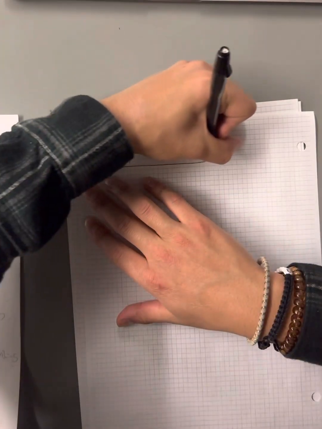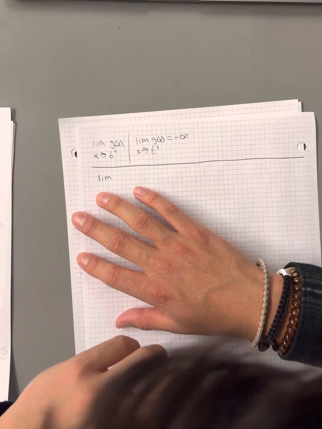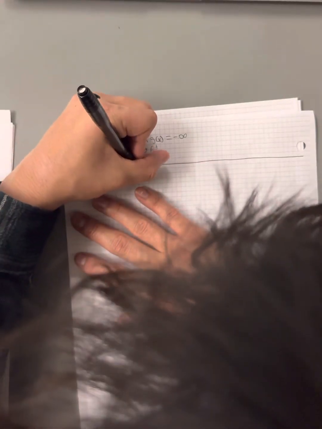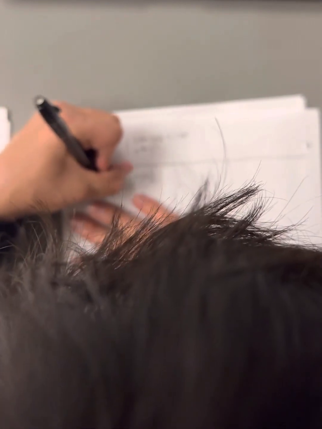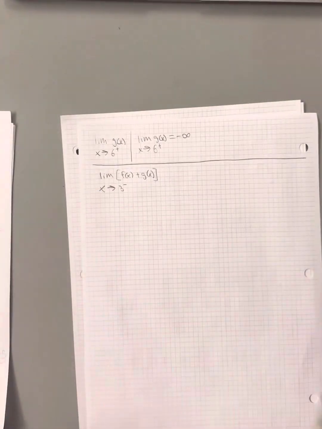So let's look at our next limit. And this one is asking the limit of f of x plus g of x as x approaches 3 from the left.